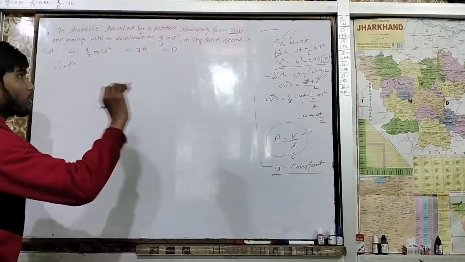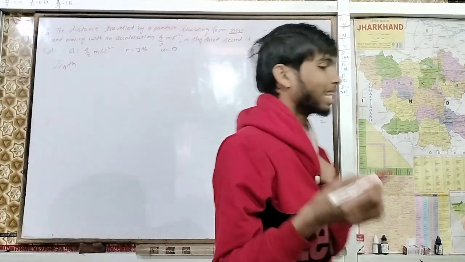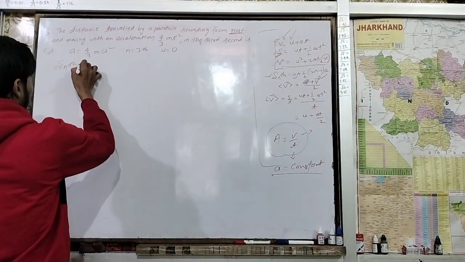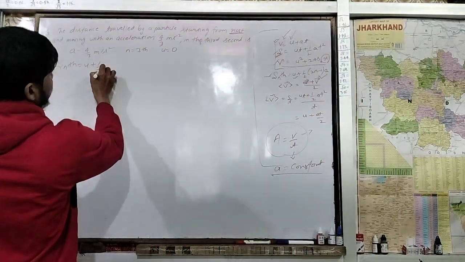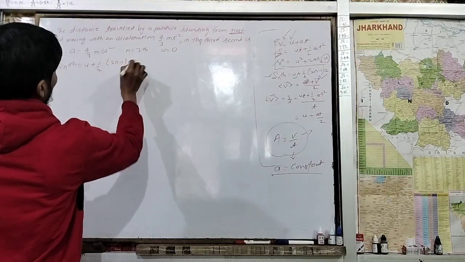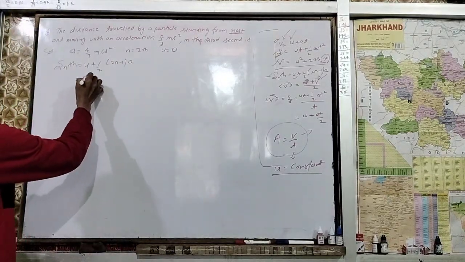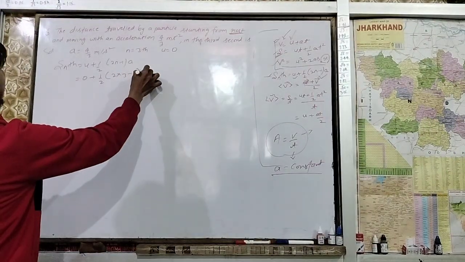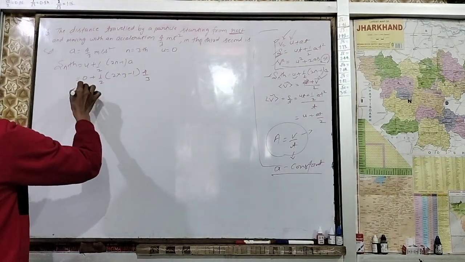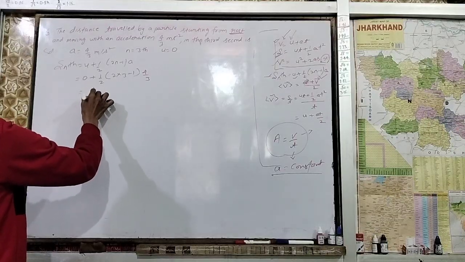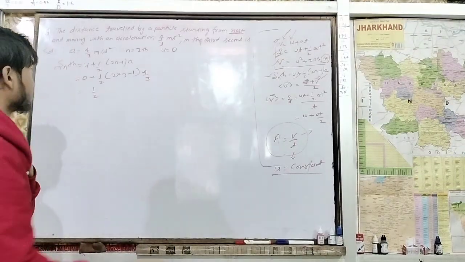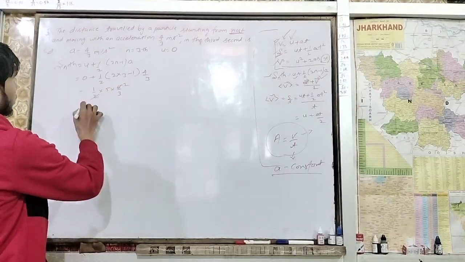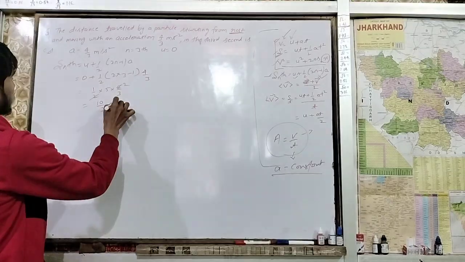So finally we have all the important things to calculate the distance in the nth second. S_nth is equal to u plus 1 by 2, (2n minus 1) times a. u is 0, 1 by 2 multiplied by 2 times 3 minus 1, and a is 4 by 3. 1 by 2, 2 3s are 6, minus 1 is 5, multiplied by 4 by 3, 2 5s are 10, so 10 upon 3 meter.